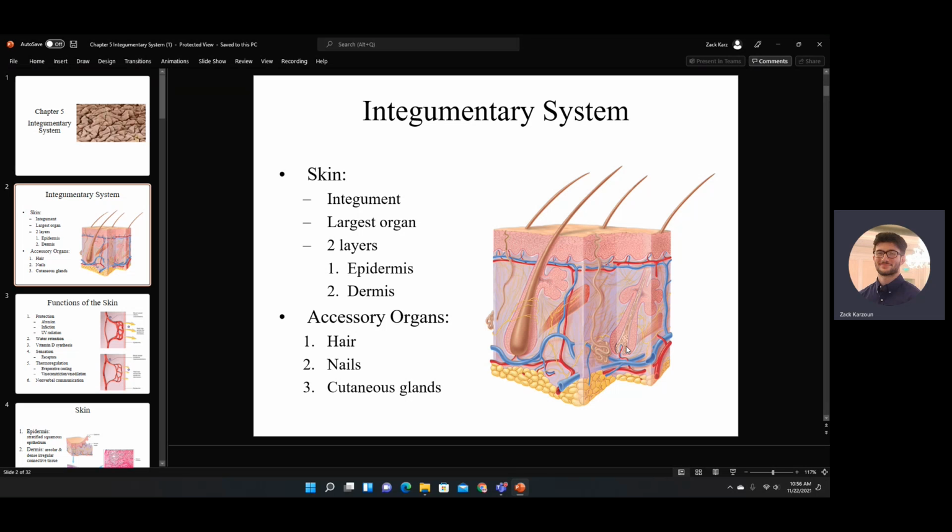And then we have our accessory organs. Our accessory organs are those accessory types of tissue that help aid our skin system, our integumentary system. So we have our hairs, our nails, and our cutaneous glands.